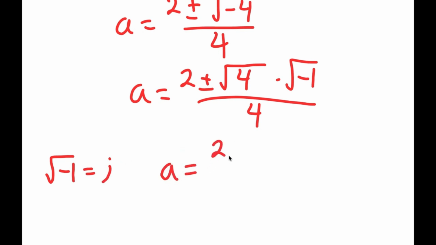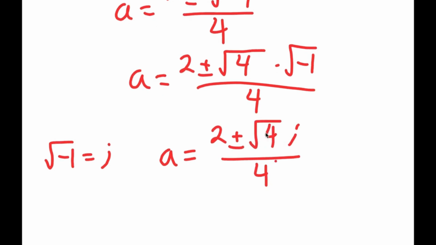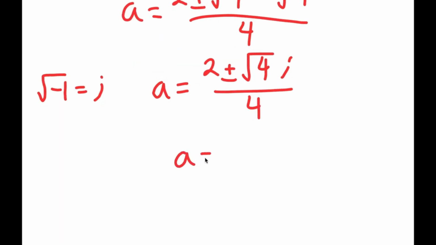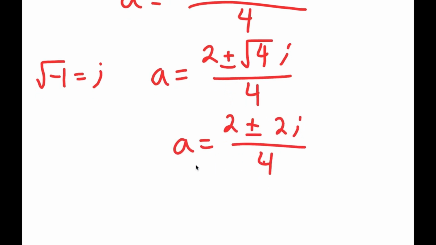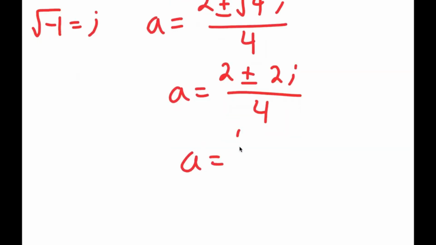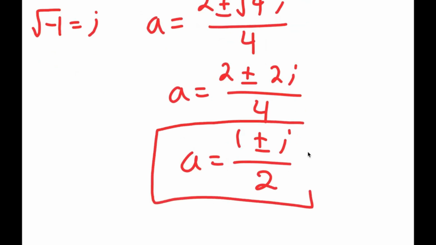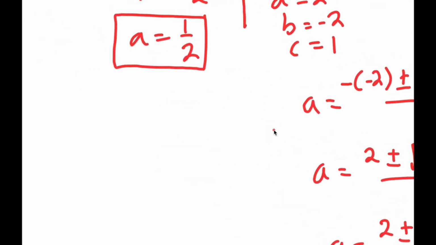So I get a equals 2 plus or minus the square root of 4 i over 4. And the square root of 4 is 2. So I get a equals 2 plus or minus 2i over 4, which simplifies to a equals 1 plus or minus i over 2. So these are another two solutions to my equation.